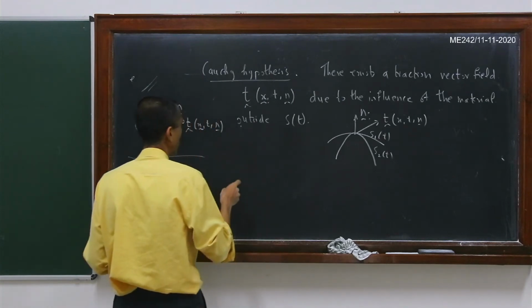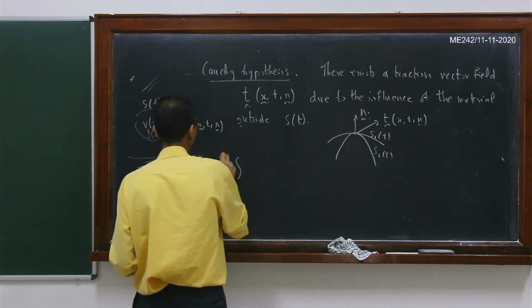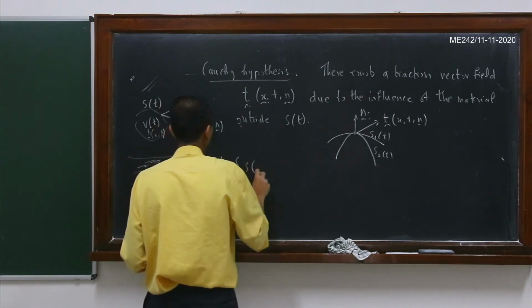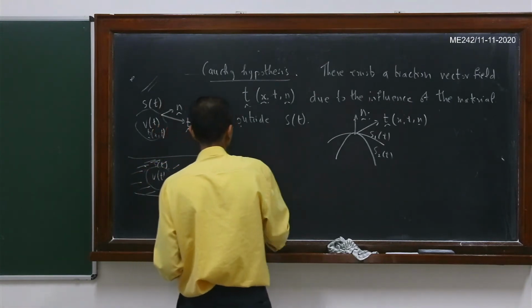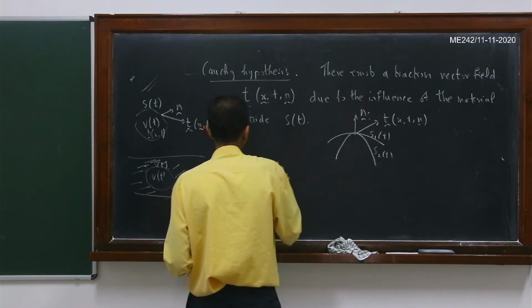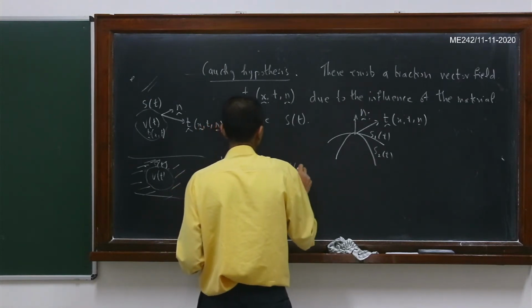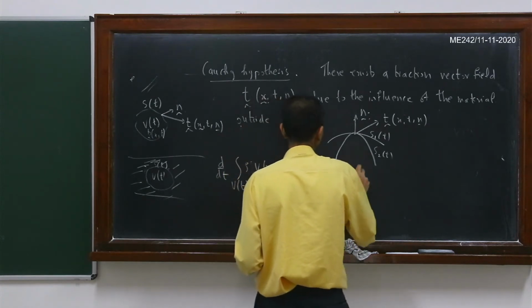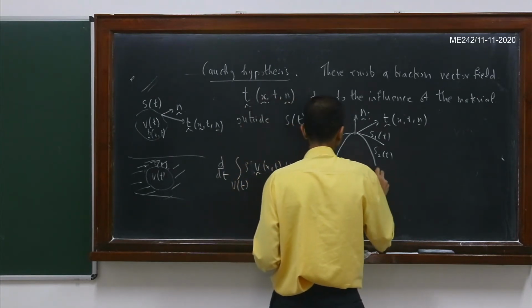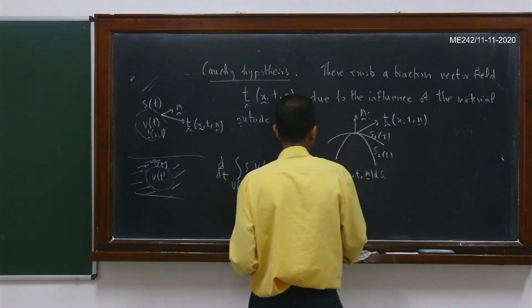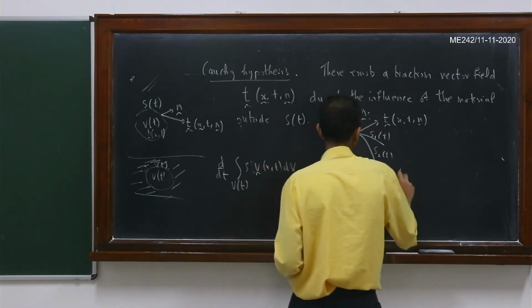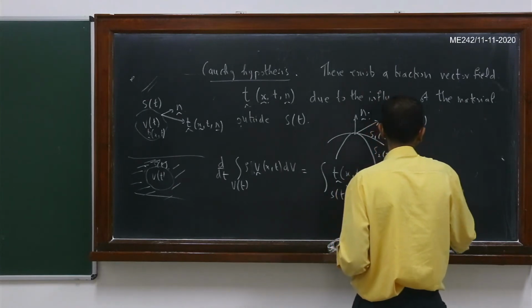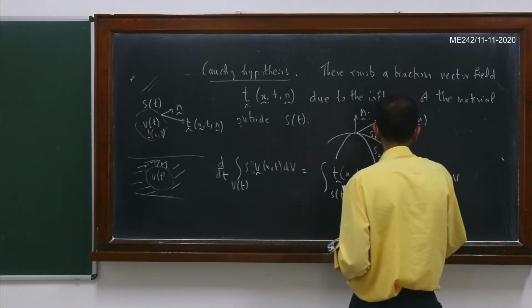So this is the integral over V(t) of d by dt of rho times v(x,t) dV is equal to the integral over S(t) of t(x,t,n) dS plus the integral over V(t) of rho b(x,t) dV.